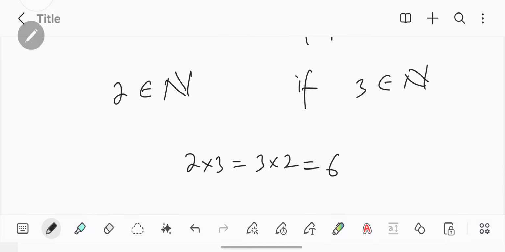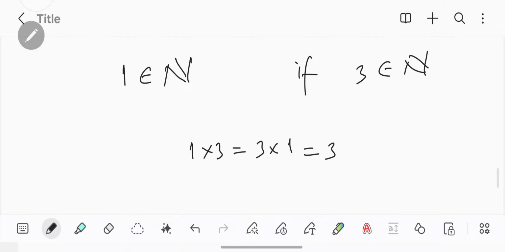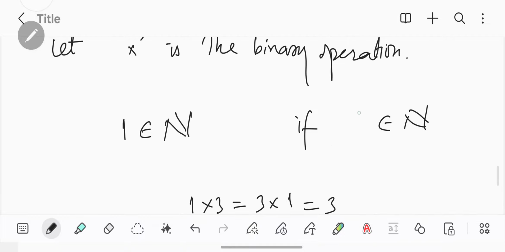Can you find any number? Look, if I write 1 here, what will happen? If I multiply 1 with 3 from the left side or from the right side, I will get back 3. That means this one is neutral, because if I multiply from the left side or from the right side, I will get no change. And you can take any element from here.